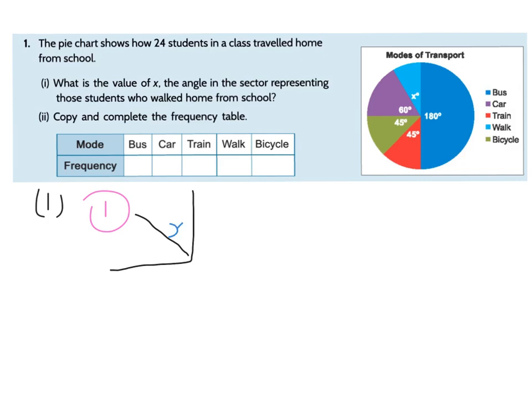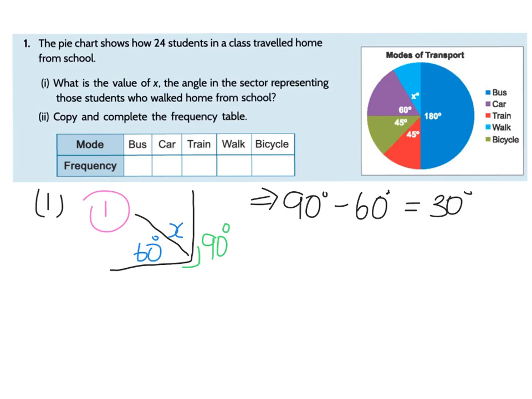We have x and we have 60. And we know from our knowledge of maths that this is a 90-degree angle. Therefore, 90 take 60 will give me 30. So x equals 30.